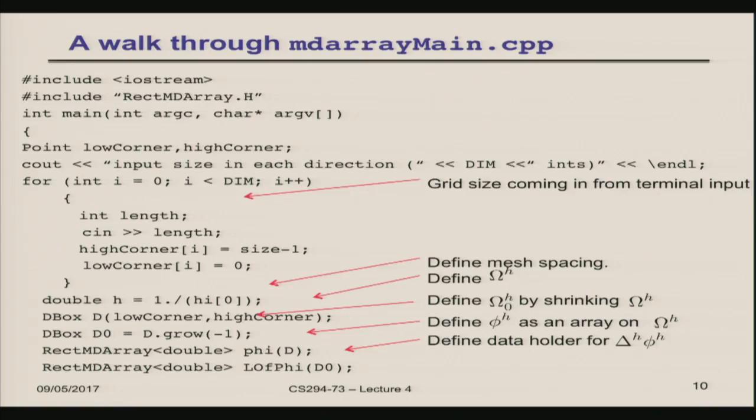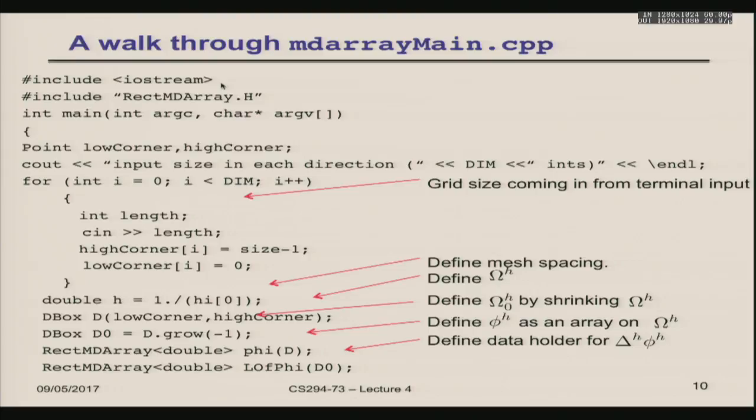So now let's look at a program. This is a program that you'll get as part of the first assignment as a template for what you need to do. There are parts you're not going to get, and I'll tell you what those are in a moment. So this is MDArray main. It's a C++ main program.